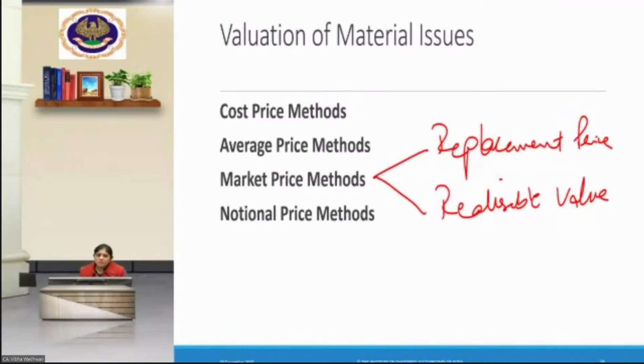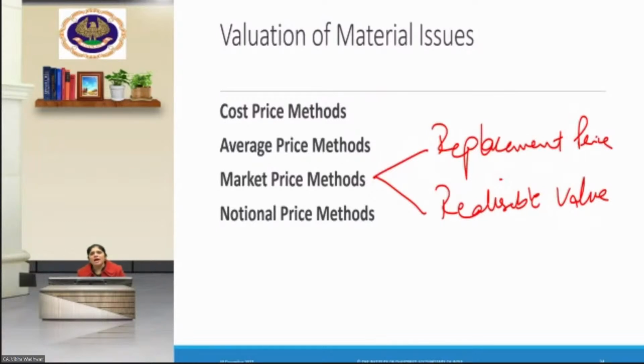Replacement price methods are basically that, let us say I have to issue the material. Now, at what price I have purchased that material, that is not relevant. So if I have purchased material A for rupees 50 per kg, I will not issue the material to production at 50. There is a time gap between when I would have purchased material A and today if I am issuing the material for production.